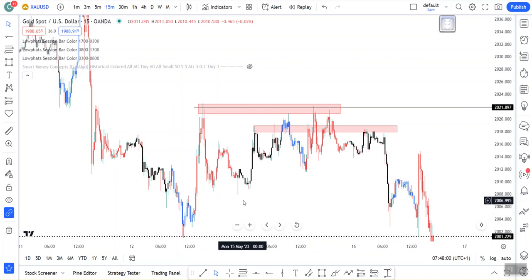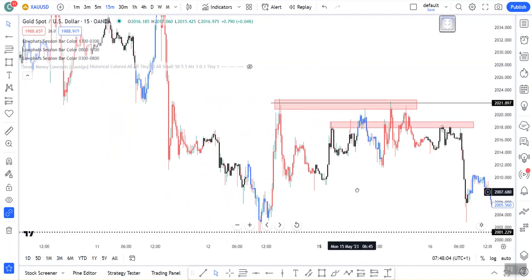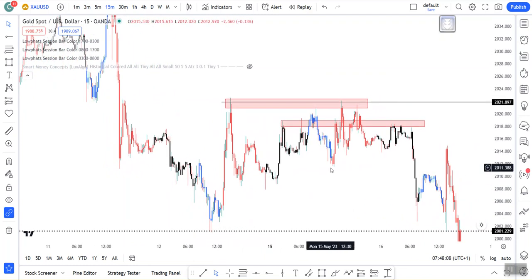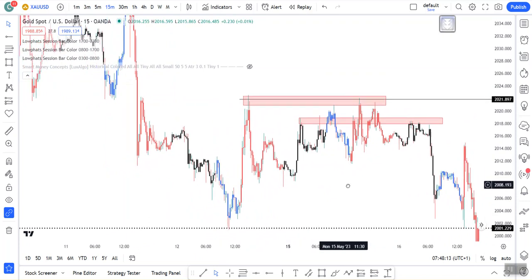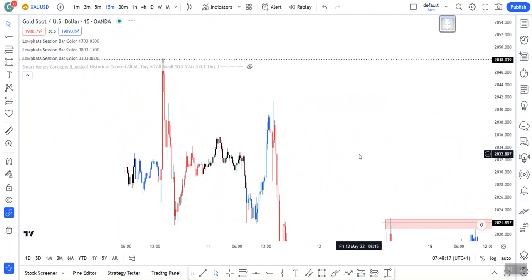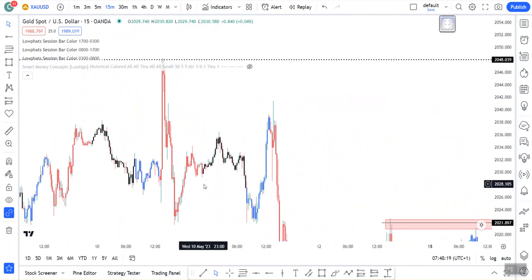Okay, then if you look at this, you see that the same thing keeps repeating itself every now and again. There are several sessions.